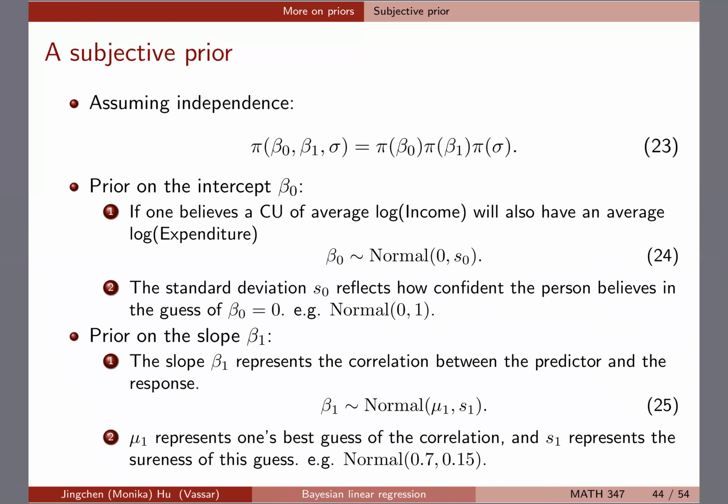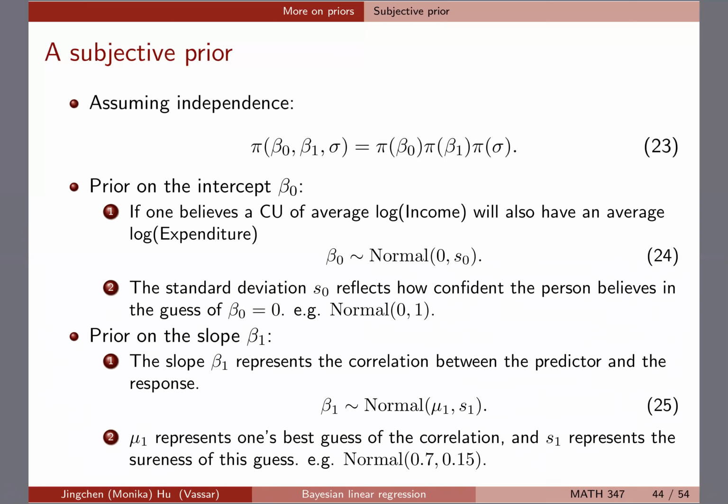Beta 1 is the slope, and it also represents the correlation. So we can also use the normal here generically, equation 25, which is normal centered at mu1 with standard deviation S1. In the expression of equation 25, mu1 represents the best guess of your correlation. If I think it's 0.7, I'm going to give mu1 to be 0.7, just as an example.